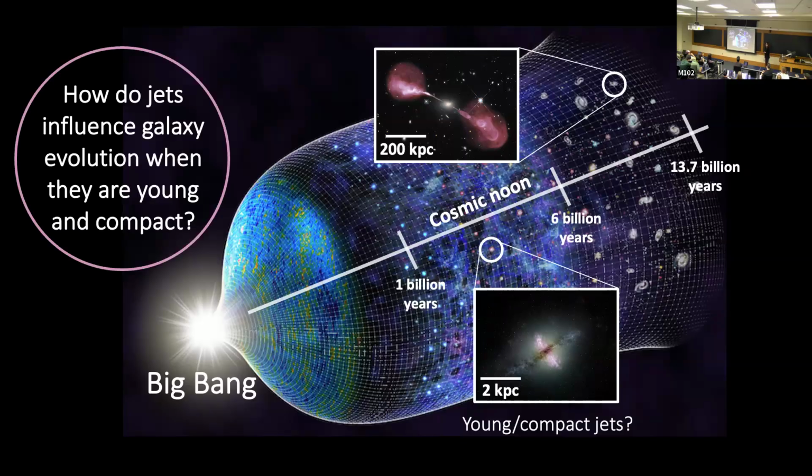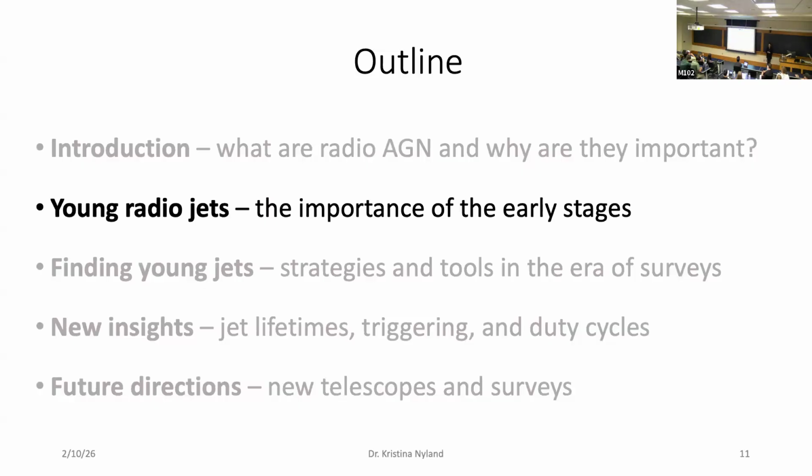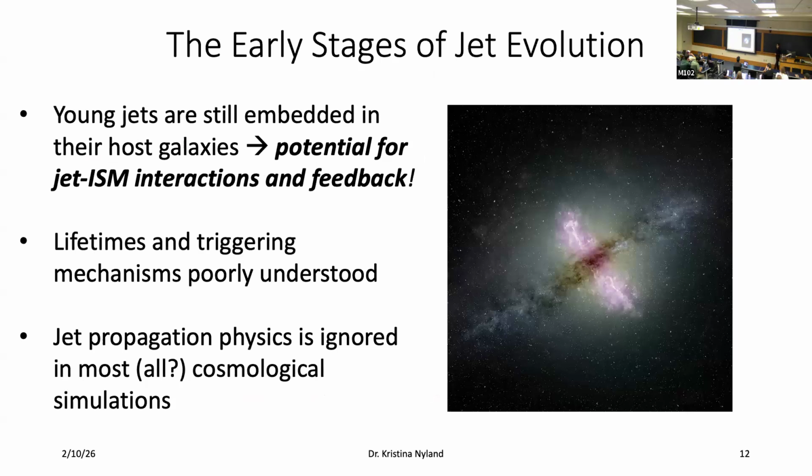So how do jets influence galaxy evolution when they are young and compact? Okay, so let's move on to the next section, the importance of the early stages. So I think I already made this point on the last slide.